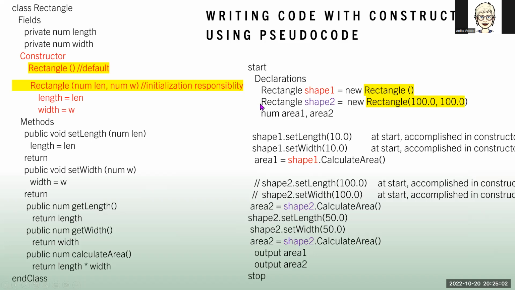Second one, I'm going to create an object shape 2 based on class rectangle, and I'm going to call another constructor called rectangle that's going to accept 2 arguments from me.